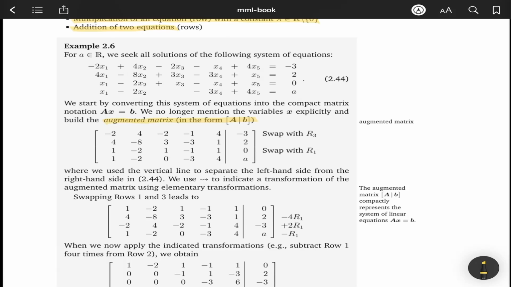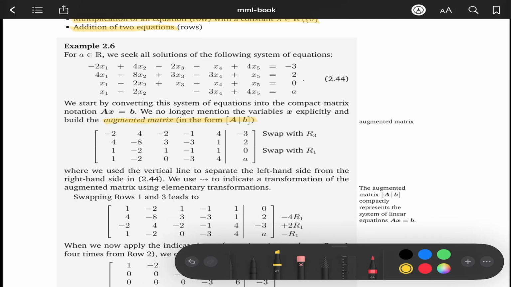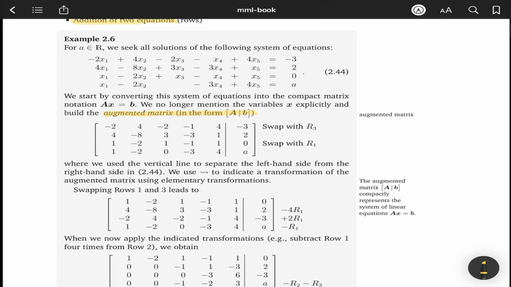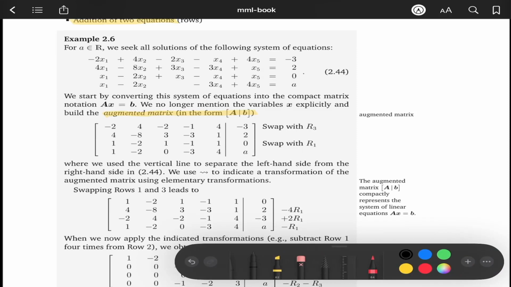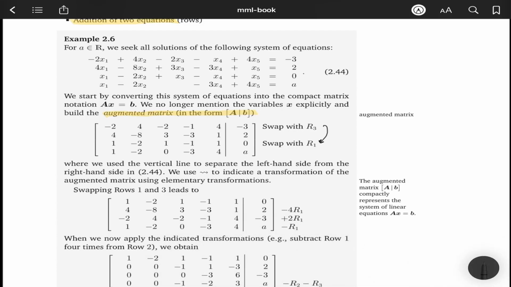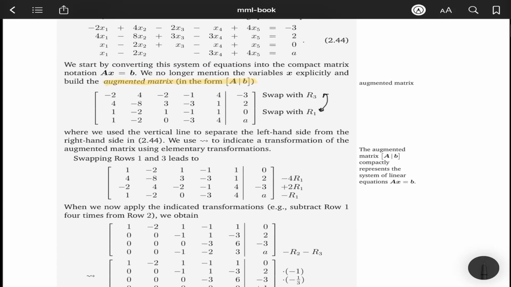We have the coefficients of the variables on the left side, and the constants on the right side. Now we have rows, basically row 1, 2, 3, and 4. And here they swap row 1 with row 3. Now we have them already swapped.